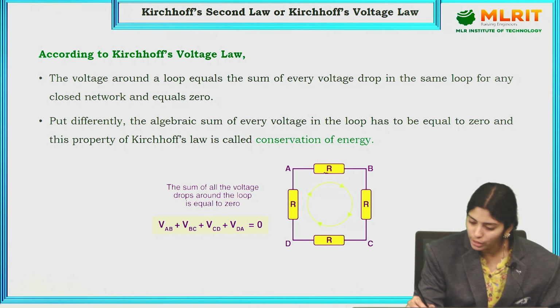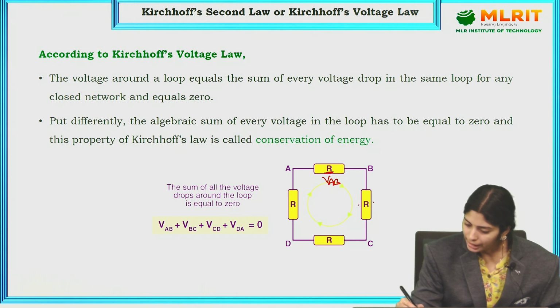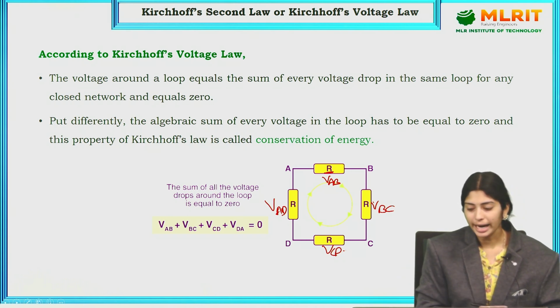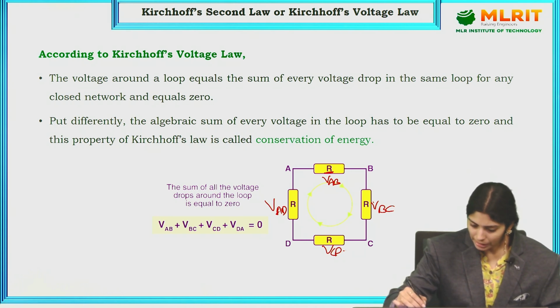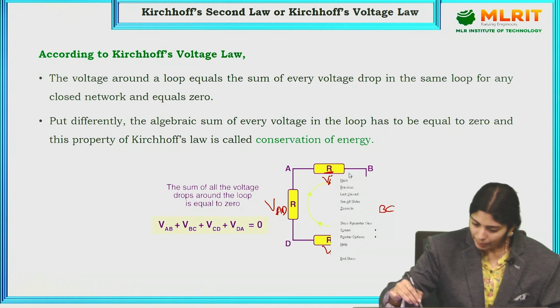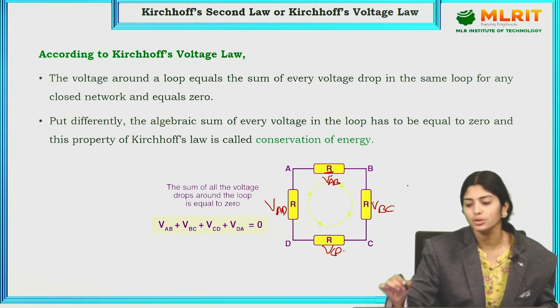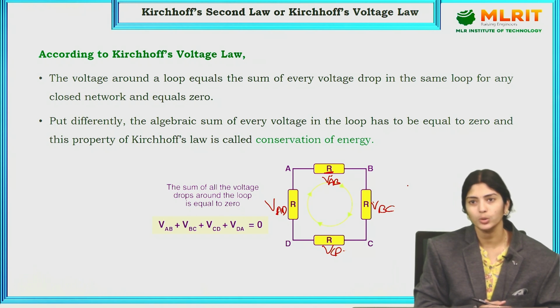The voltage drop of this resistor will be VAB, here VBC, here VDC or VCD, whatever it may be, and next VAD or VDA. If I consider the values from here, VAB plus VBC plus VCD plus VDA should be equal to 0 according to the KVL.